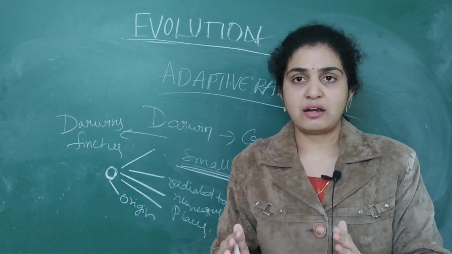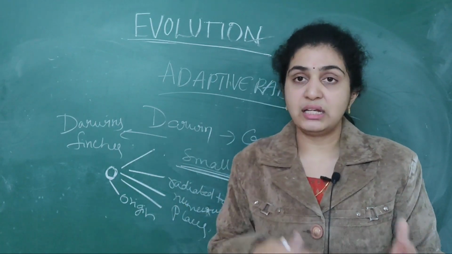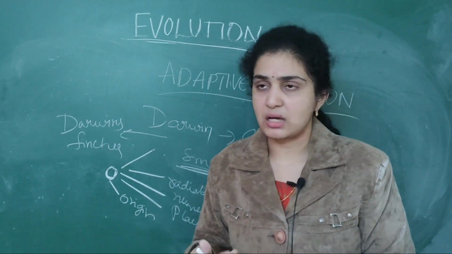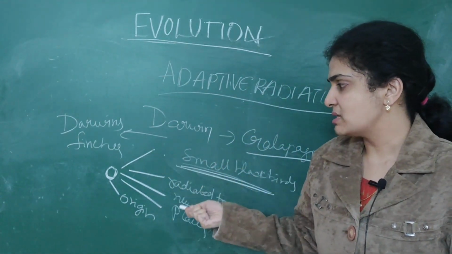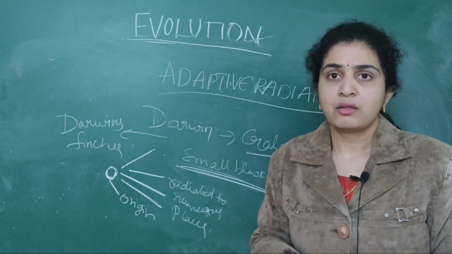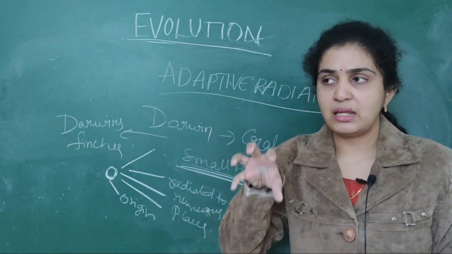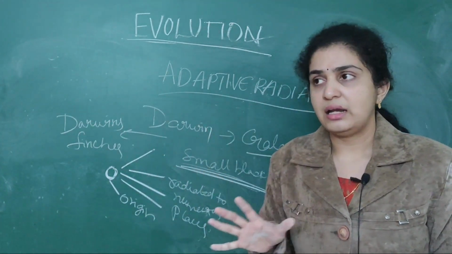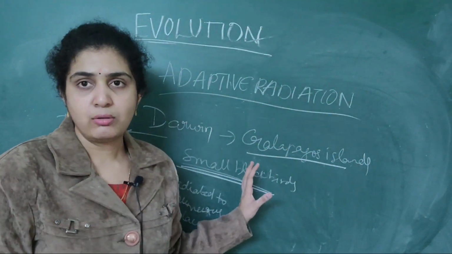Adaptive radiation, convergent evolution, divergent evolution. Like that they will give you in NEET; it was asked numerous times. Darwin's finches gave origin to adaptive radiation, where the process begins in one geographical area and they radiated to numerous other areas.